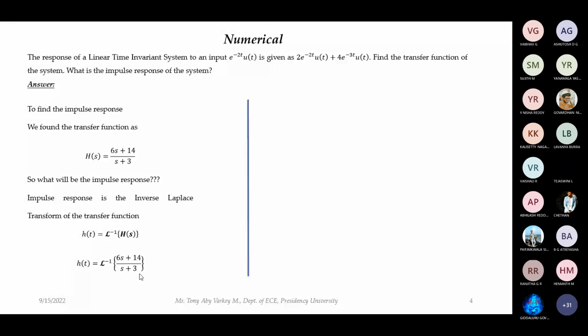So first what we have to do? In this case, what do you have to do first? How will you make the degree of the numerator less than the degree of the denominator? Come on, it's simple, right?